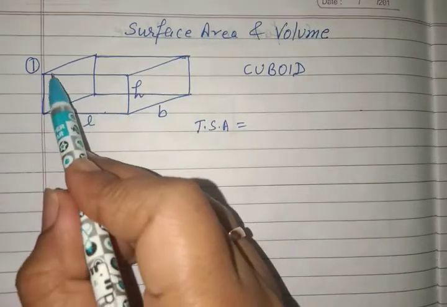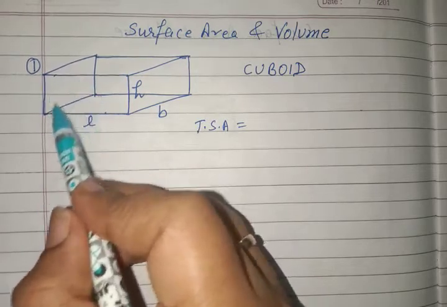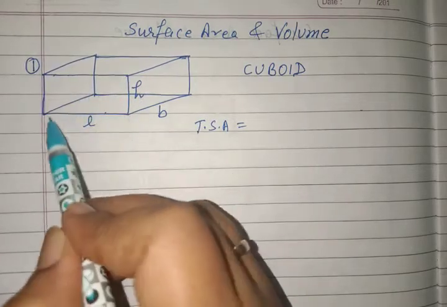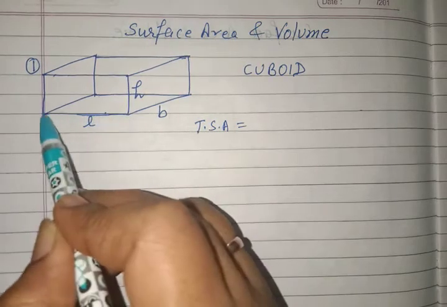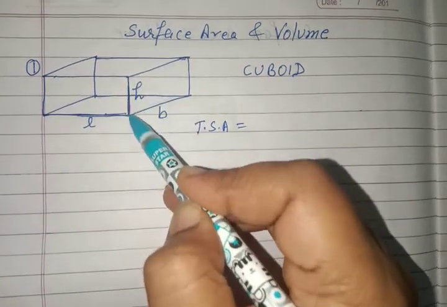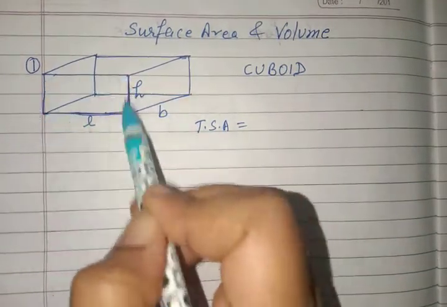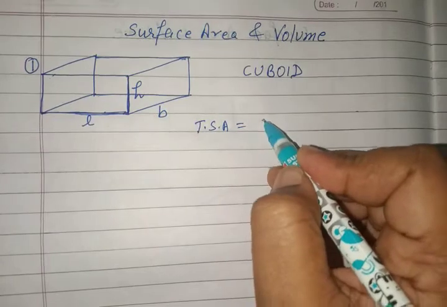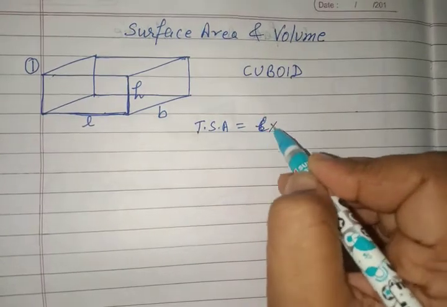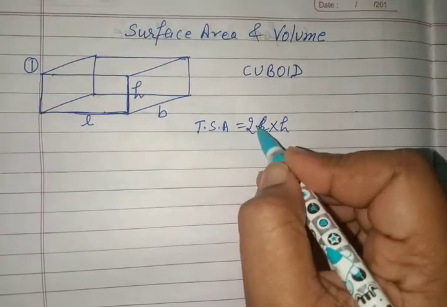If I consider this wall, which is a standing wall, its length is L and its height is H, so the area of this wall is L into H. And if you consider the wall just opposite to it, the area of that wall is also LH.